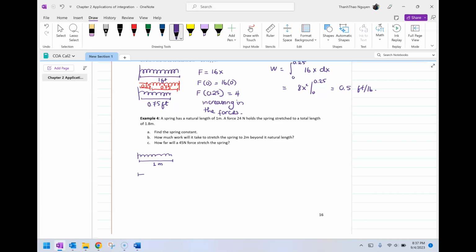There's a force acting on the spring that stretches it out to 1.8 meters, and we were told that this force F is equal to 24 Newtons.